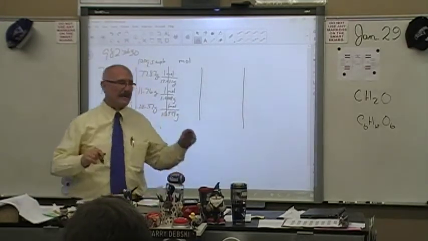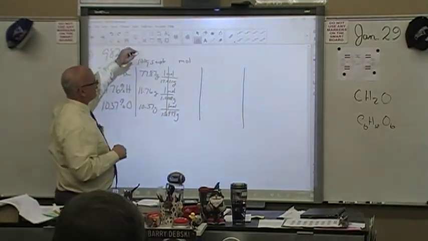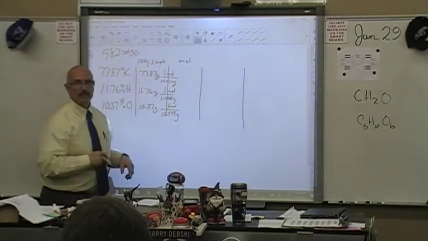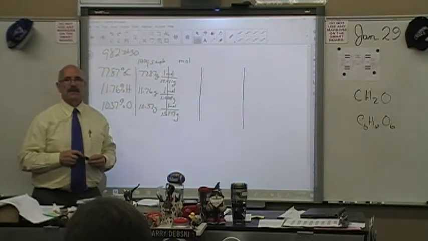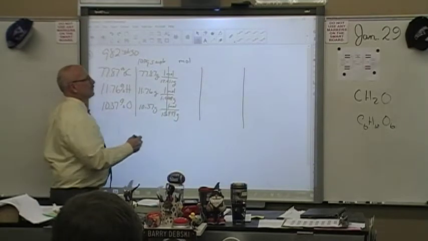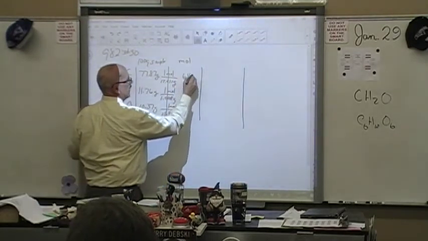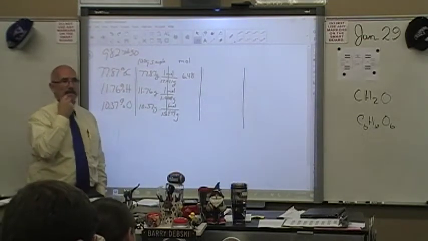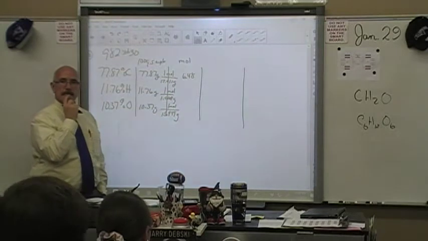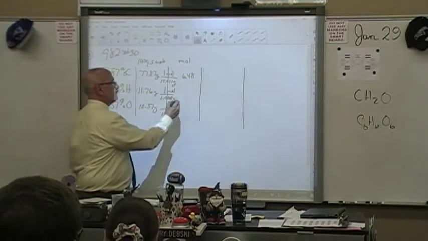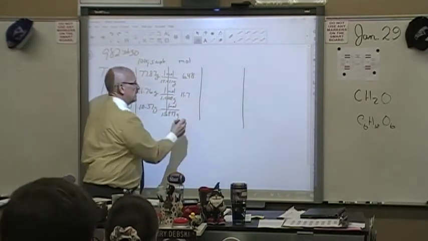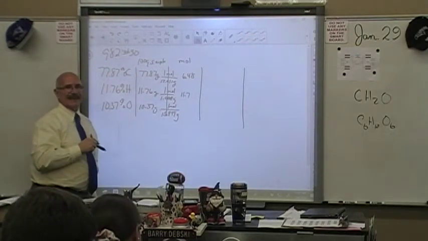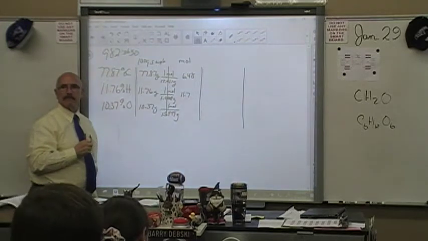No, no, no. 999. That's good. Okay. And so we're going to divide these. I need some help with calculators. Will, what you got for the first one? 6.48. 6.48. 11.76 divided by 1.008. Here's your hand if you got it. Kristen? 11.7. 11.7. Good. And 10.37 divided by 15.999. Houston?